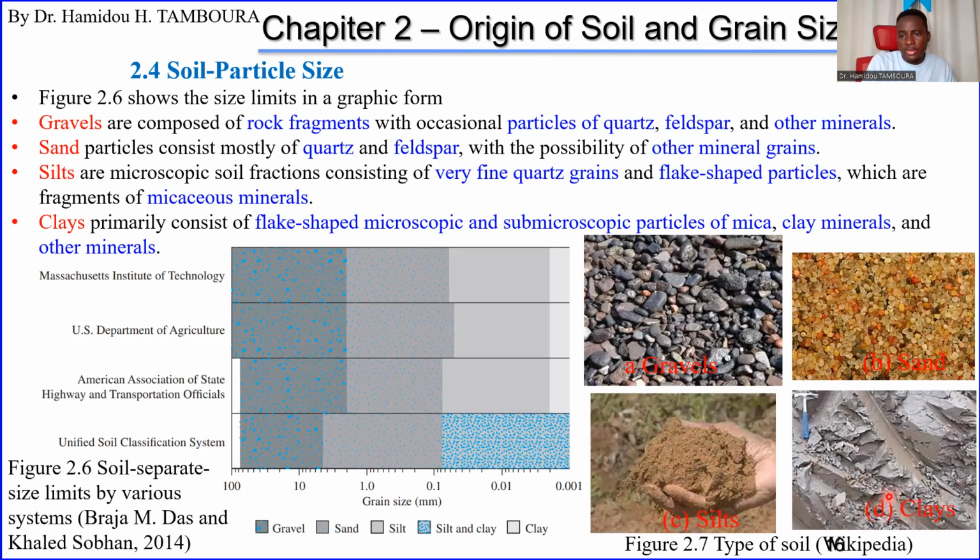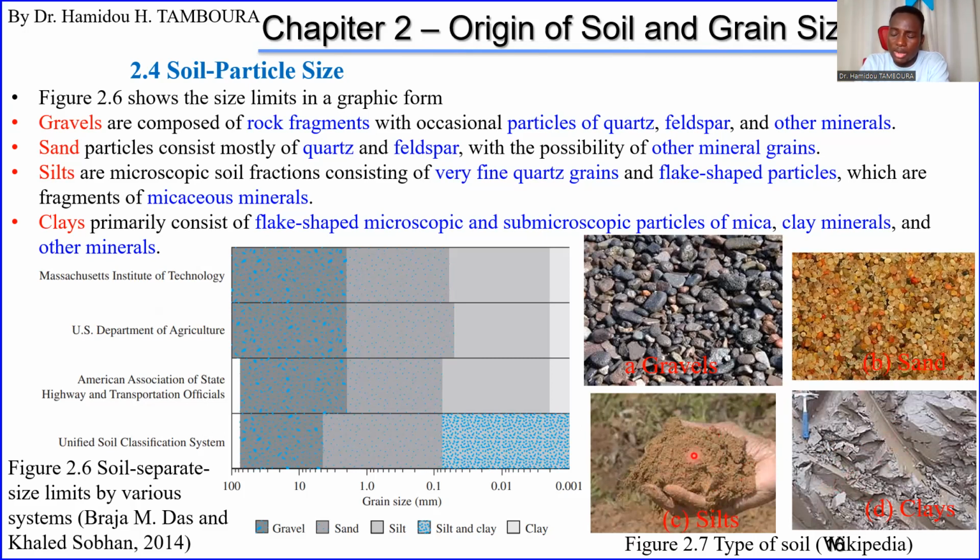And I think silt, we have to insert silt in this classification because the difference between sand and clay is very important. They're quite different. So this silt is somehow the intermediate between sand and clay.